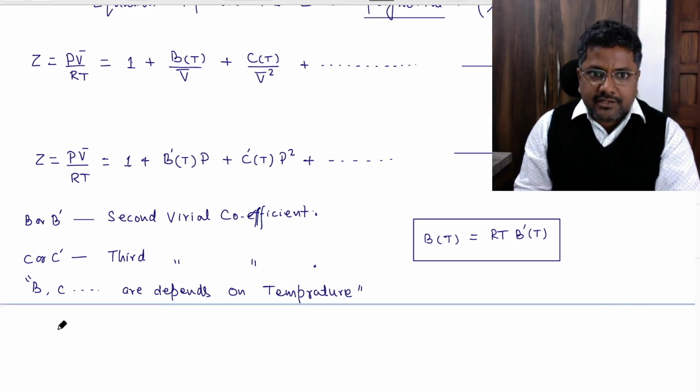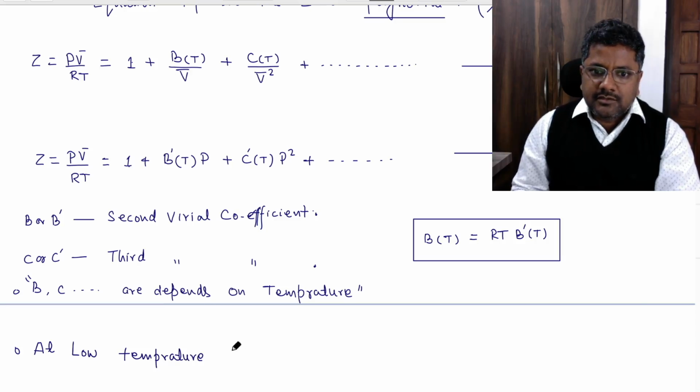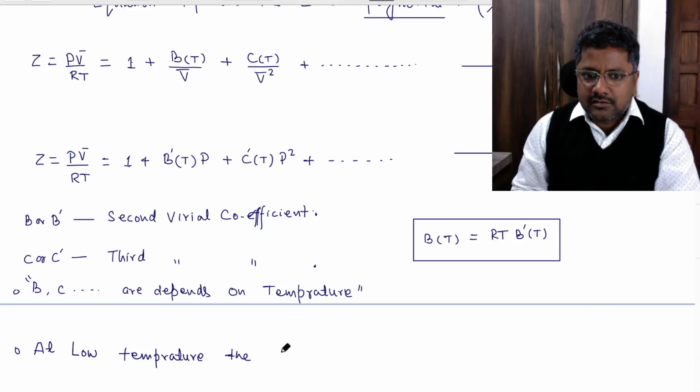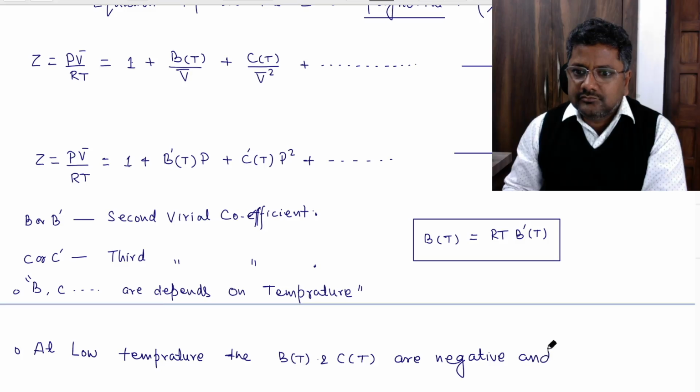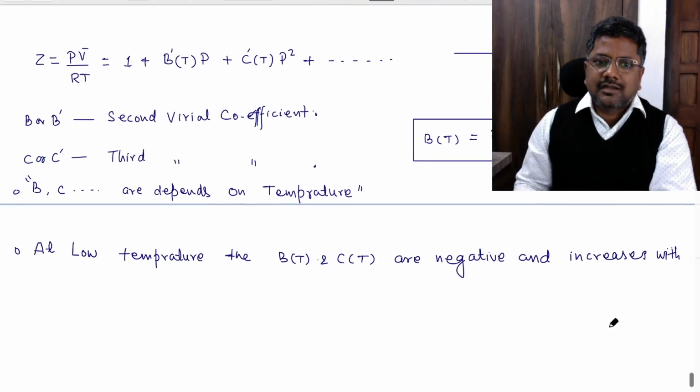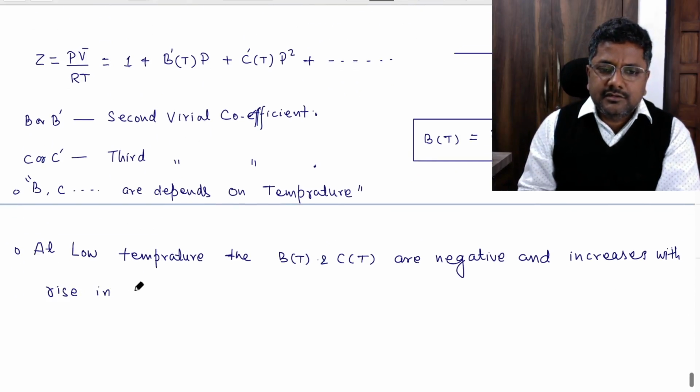So at low temperature, the value of B, and even C also, are negative, and increase with rise in temperature.